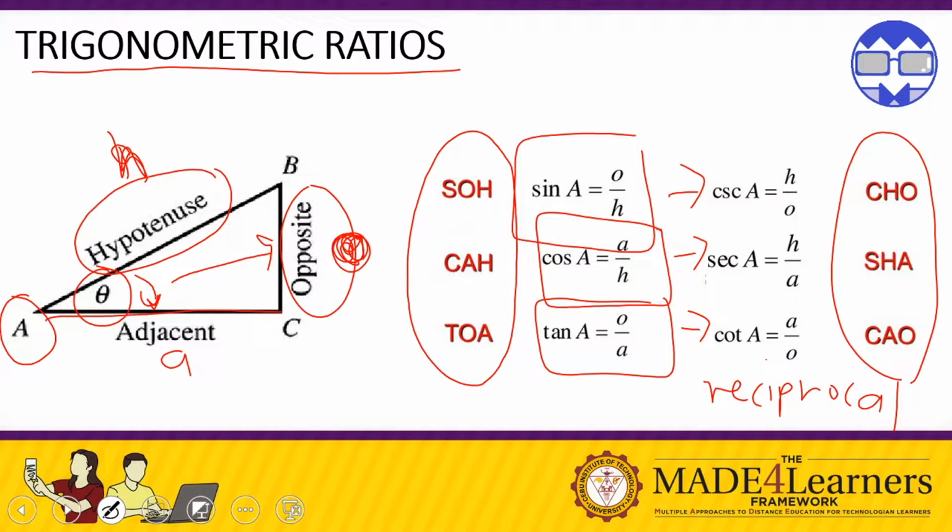So again, reciprocal means the reverse of the ratios. We have hypotenuse over opposite for cosecant, hypotenuse over adjacent for secant, and adjacent over opposite for cotangent.